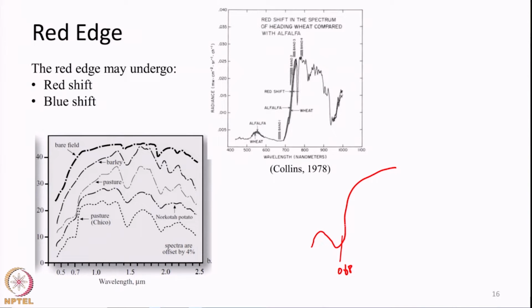If the vegetation undergoes some sort of stress, then this curve will become something like this. The reflectance in red will increase. Similarly, the portion at which the transition occurs will move towards a shorter wavelength. Now, this wavelength may not be 0.68, it may be, let us say, 0.65 micrometers.